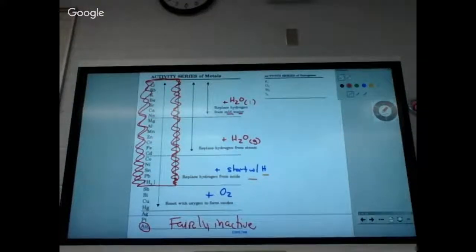No. Even if it gets on my hands, it's not going to interact with my rings. I don't have to worry about them, because they're way down here at the bottom. Even if I had silver on, it wouldn't make a difference. Now, if I was wearing something else, I might have an issue. But my gold wedding band's not going to be a problem. All right? Everybody with me on that?